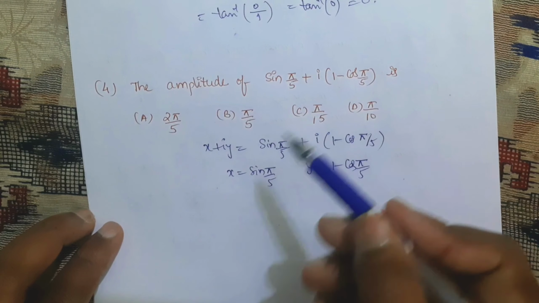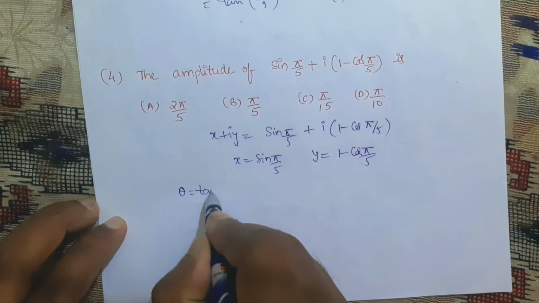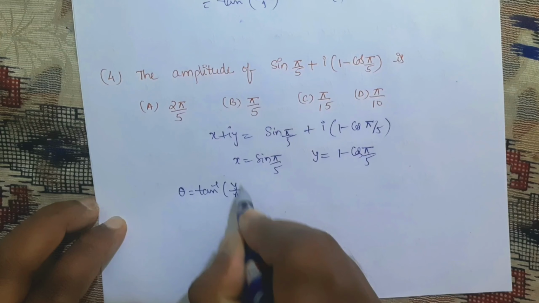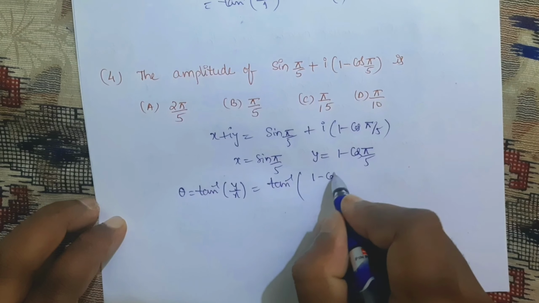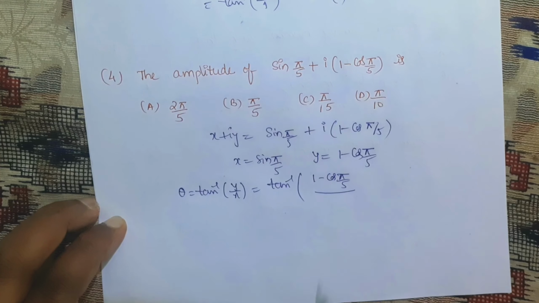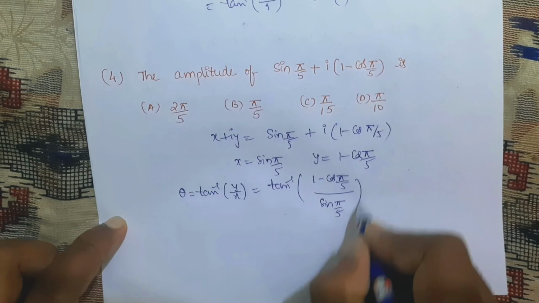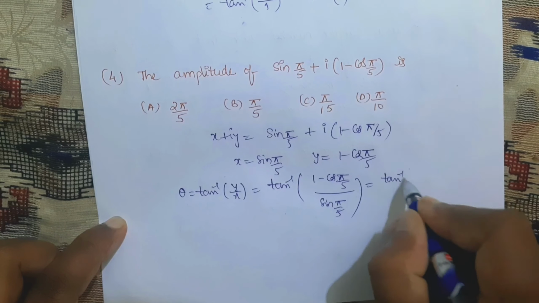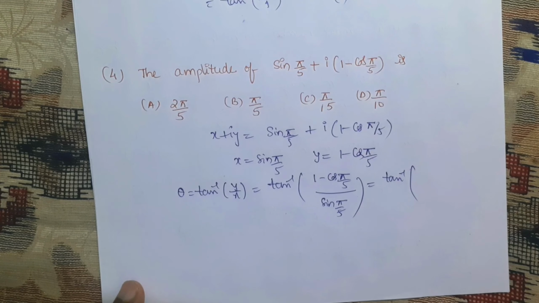In mind only you can consider this is x, this is y. Then what is theta? Theta means tan inverse of y by x. What is y over x? 1 minus cos pi by 5 divided by sin pi by 5. Now we need to simplify these two.